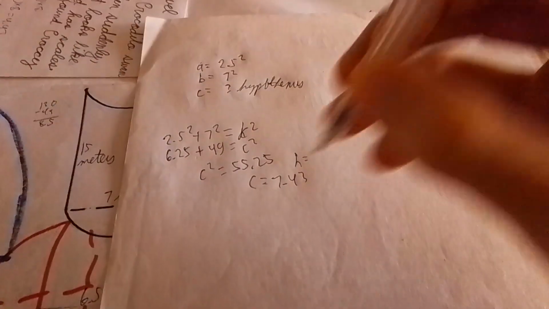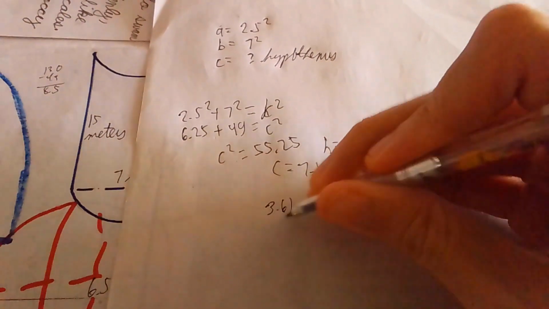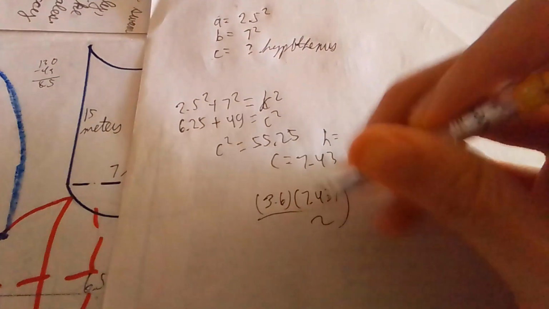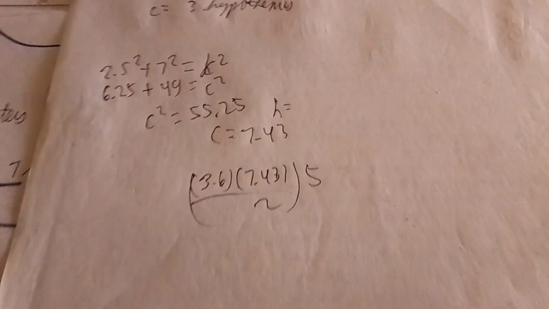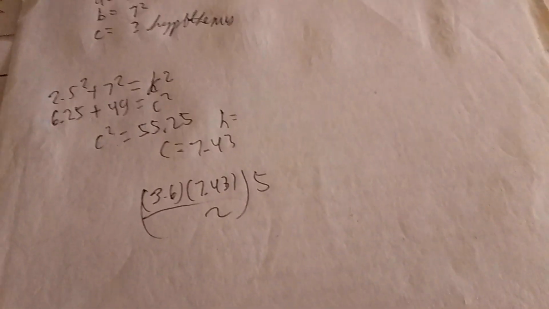Now, we can solve for the area of the triangle. To solve for the area of the triangle, it's base times height divided by 2. So, the base is 3.6 times the height of 7.43. Divide by 2, everything multiplied by 5. Why? Because there are 5 triangles that are congruent. Actually, to make life easier, 3.6 and 2 can be simplified.